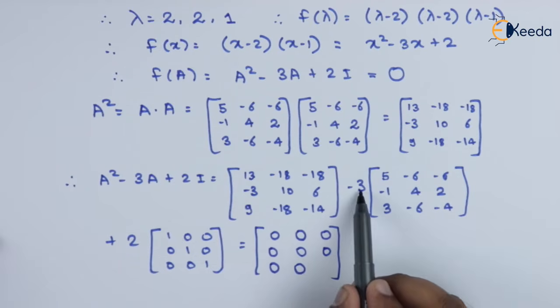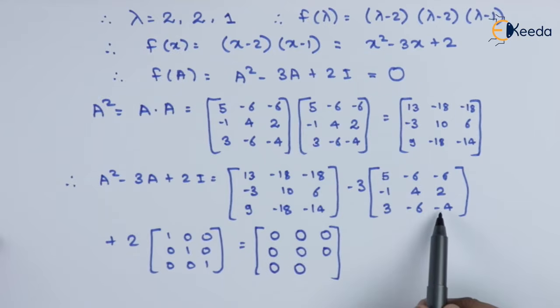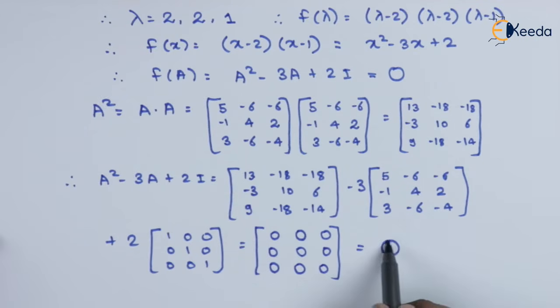Minus 14, minus 3 into minus 4, which is plus 12. So minus 14 plus 12 is minus 2. Minus 2 plus 2 is equal to 0. And hence we have got matrix O of order 3 by 3.